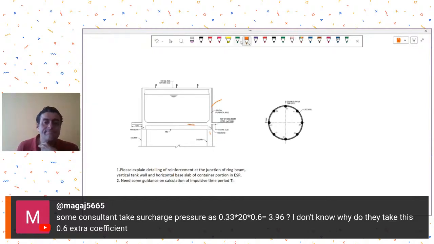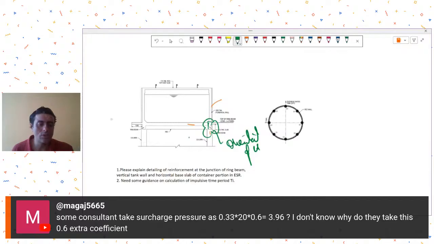So see in your ring beam, first of all you check the orientation of this ring beam. See whether it has to take any hoop stresses or not, because there is a possibility that due to the hoop tension in the ring wall, some element has to take the hoop tensions.